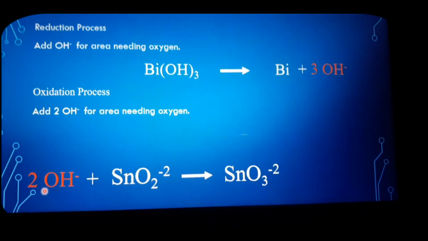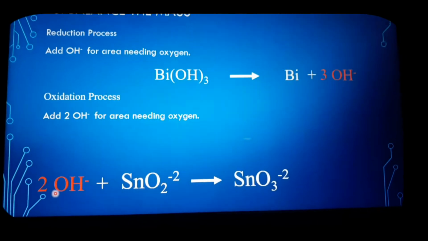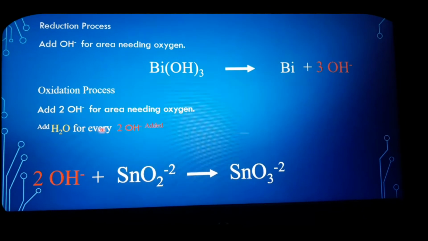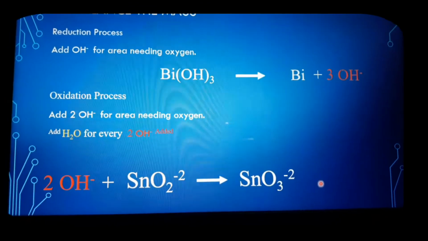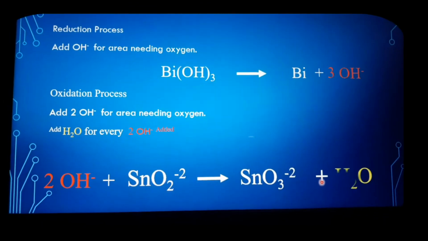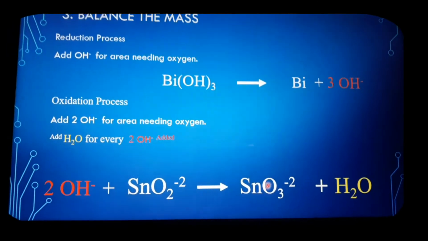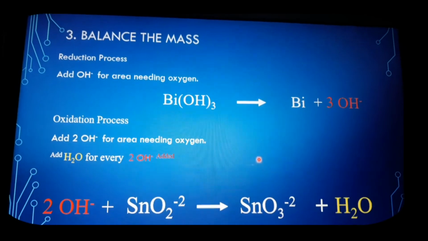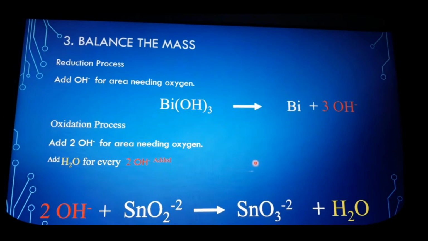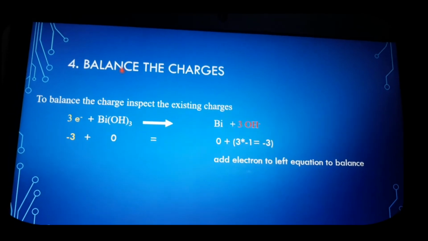When we add 2 hydroxyl, we need to balance that by adding a molecule of water. Add water for every 2 hydroxyl. So on this side, we're going to add a molecule of water. We have satisfied the mass needed because it's already balanced. If you check it, it's already balanced. Let's proceed.